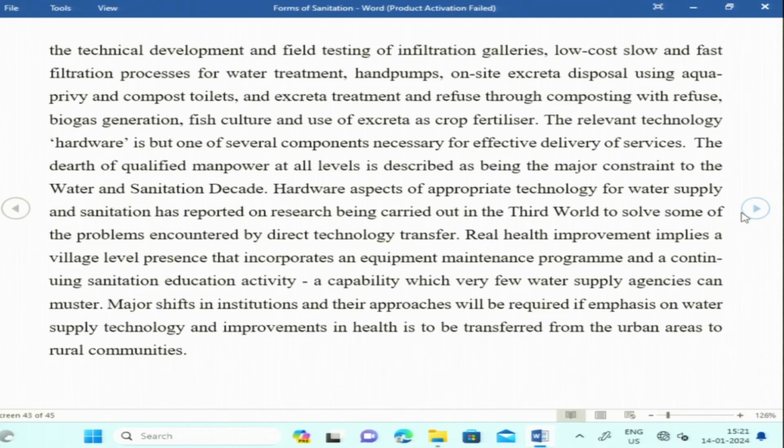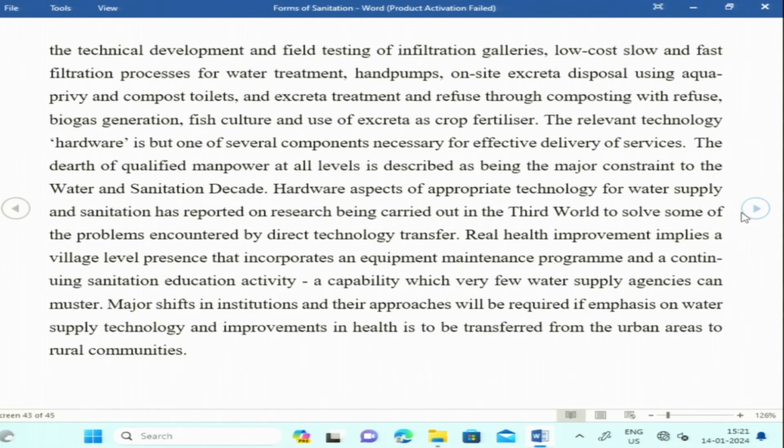All this refuse is going to be seen as an important source for biogas generation. And apart from that, the basic concern is towards fish culture and the use of excreta as a crop fertilizer. When we speak about these aspects, we can see that our concern for sanitation has certain bearings, and these bearings have something to do with the environment.